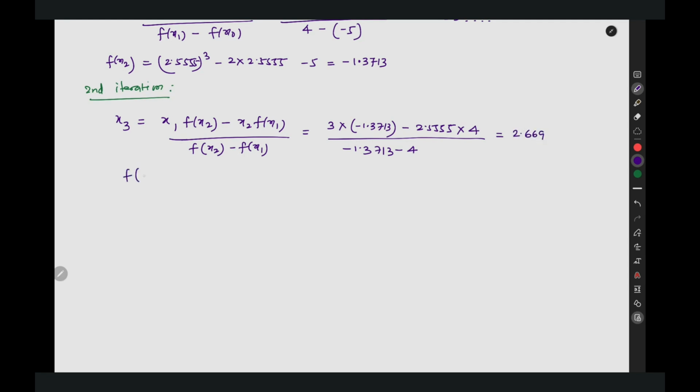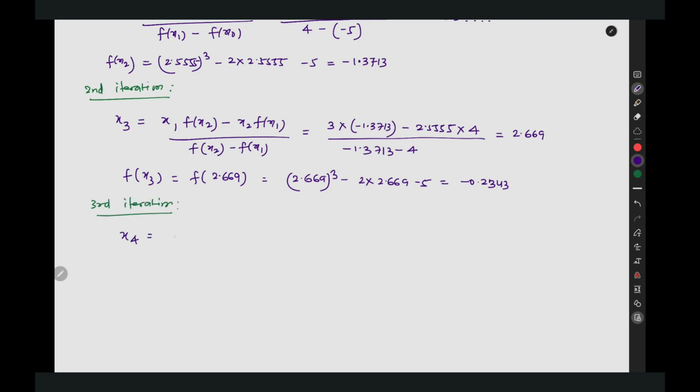Calculating the value of the function at this point x3, that is f of 2.669, it will be 2.669 cubed minus 2 into 2.669 minus 5. It will come to minus 0.2343. Now we will calculate the third iteration, x4.